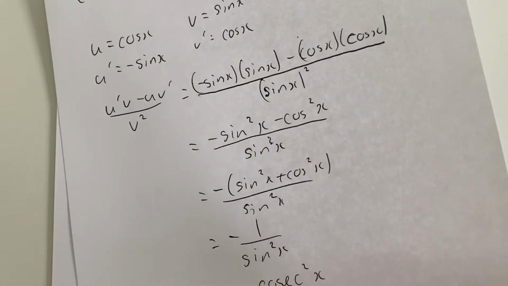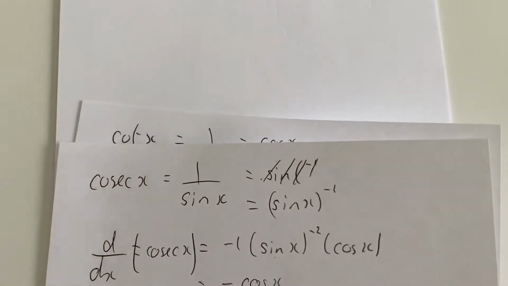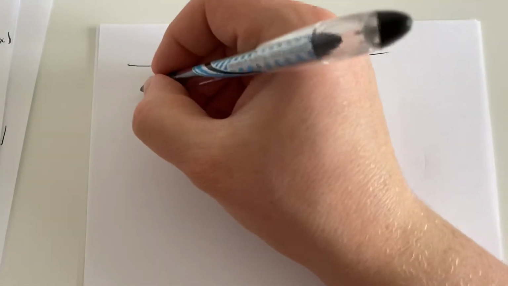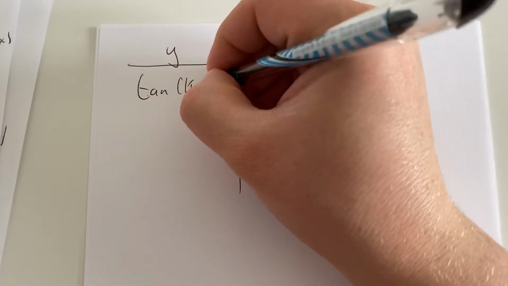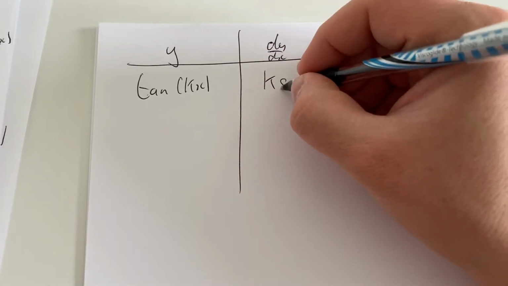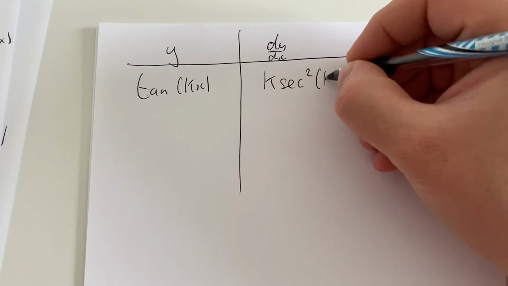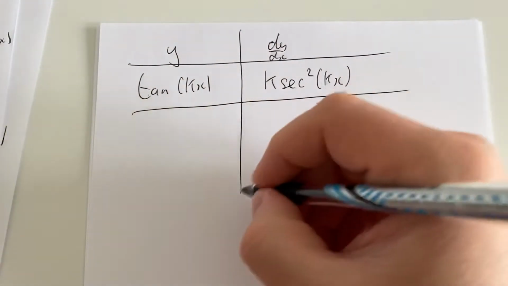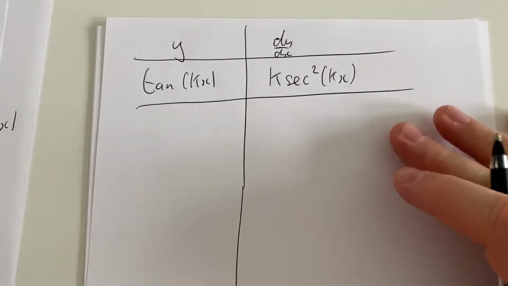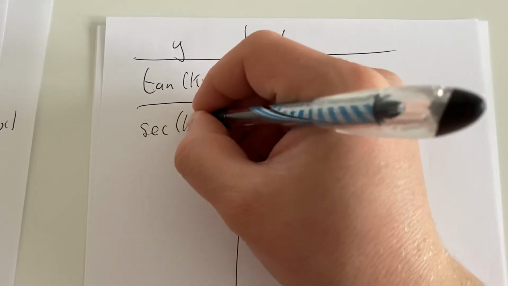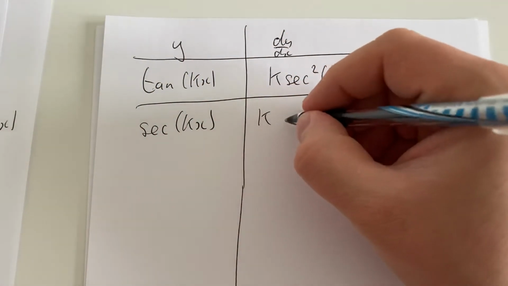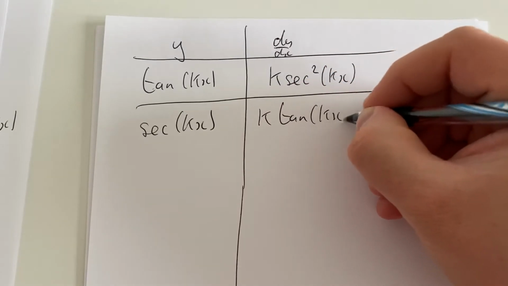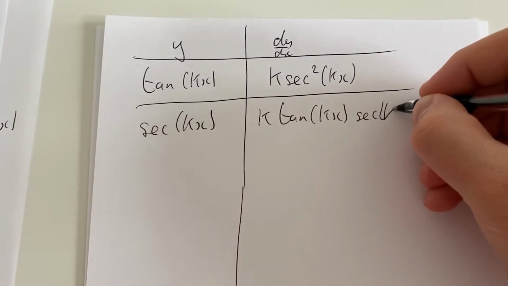Now, all of these are given in the formula book. So if I just write out very quickly the ones that are given in the formula book, they would give you something along these lines. If you have tan kx, your differential would be k sec squared kx. If you have sec kx, it's k tan kx sec kx.